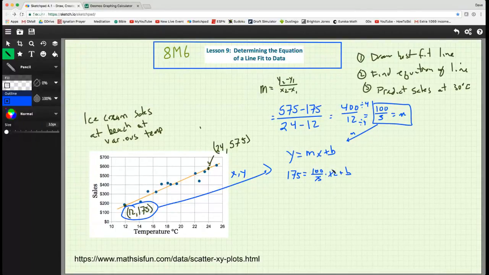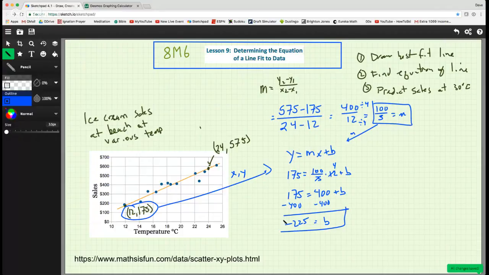I can cross that 4. So I get 175 equals 400 plus b. So subtract 400, and I get b equals negative 225. So my equation is what? y equals mx plus b, which is y equals 100 thirds x minus 225.